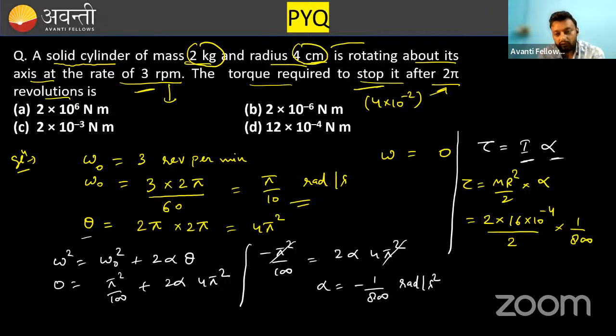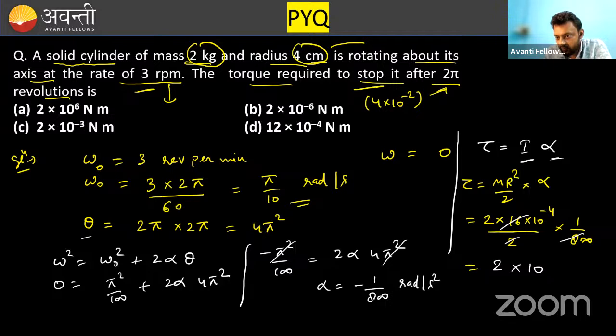Now it is up to you how you calculate that. One thing to be sure of, listen to me: this 8 into 2 becomes 16, and 16 will cancel. 100 will remain here. 2 is already there, that is 2 into 10 raised to power minus 4.